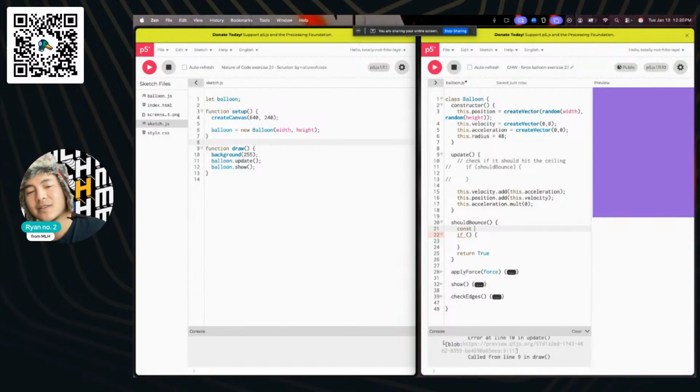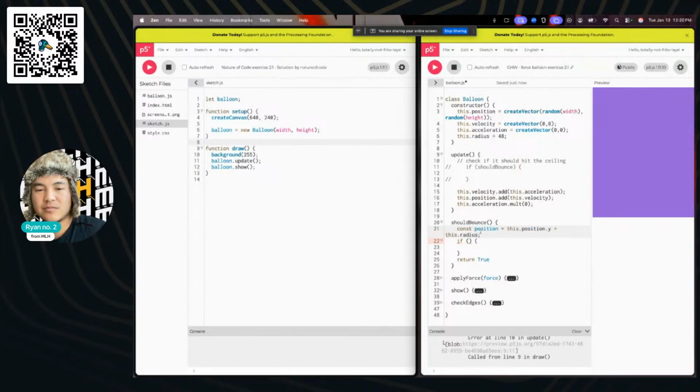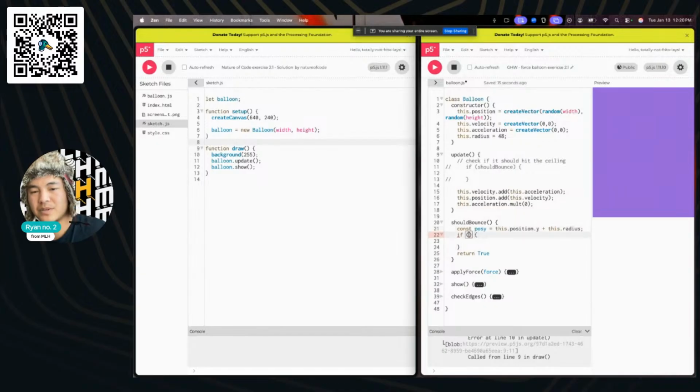This is not something that changes between each time we call should bounce. So I'm going to put this into a constant, position y, equal to this dot position dot y.